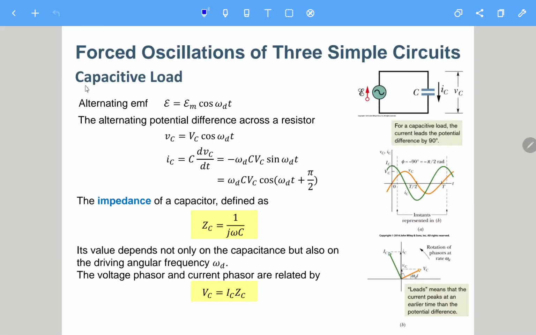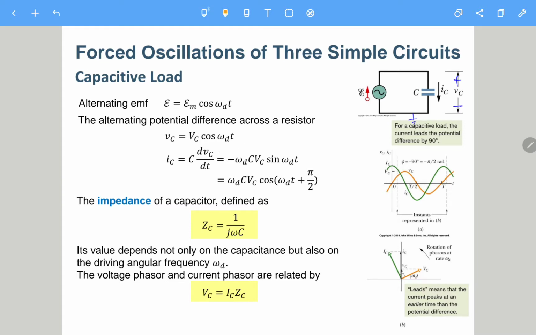Okay, so let's come to the second case, which is the capacitive load. Here we still have an AC source, but it is in series with a capacitor rather than a resistor. Here we call this potential difference VC rather than VR. Okay, so here we have some difference. So still E equals EM times the cosine omega d t, nothing special, and then vC equals capital VC times cosine omega d t.